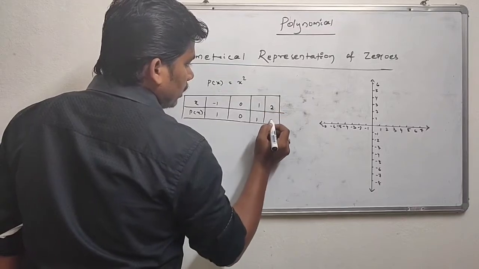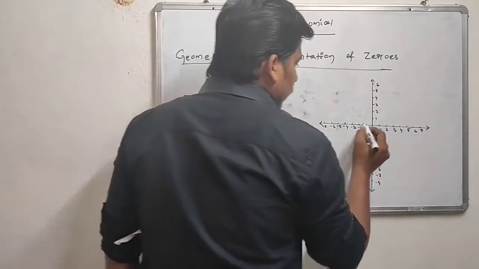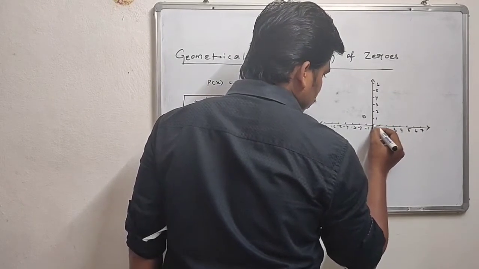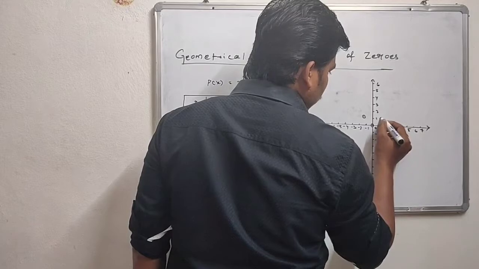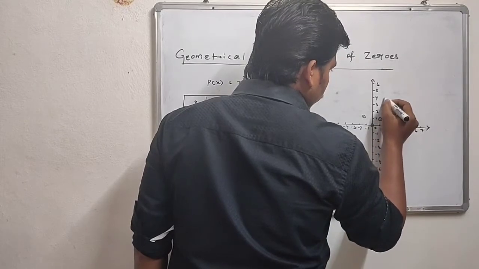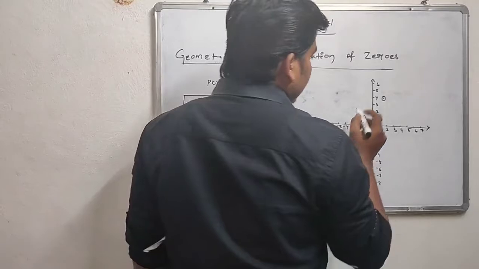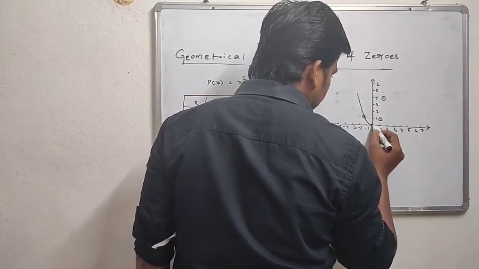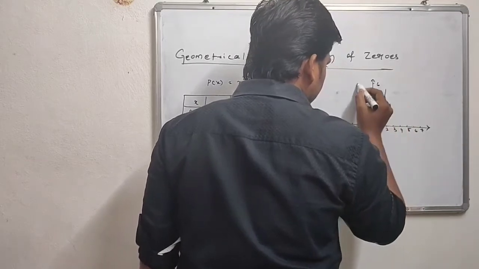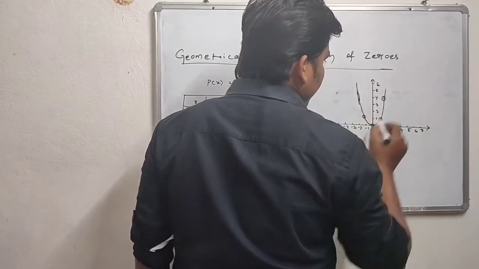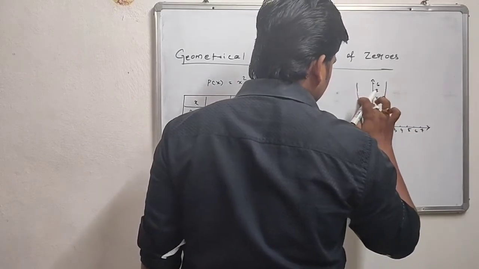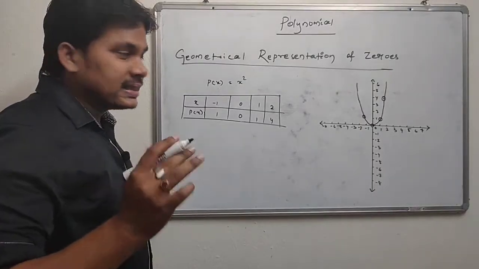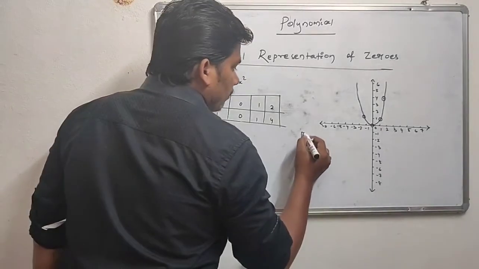If x is 2, this will be 4. See, for minus 1, this will be plus 1. For 0, this will be 0. For 1, 1, for 2, this will be 4. See, the graph will look like this. See, this shape is called the parabola.